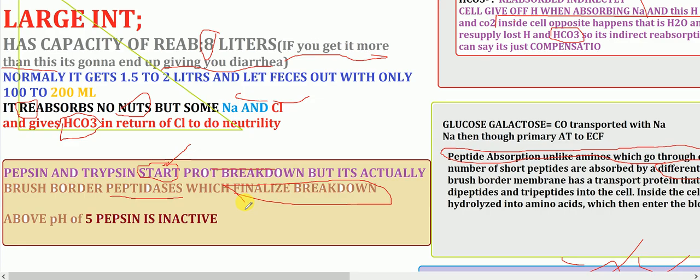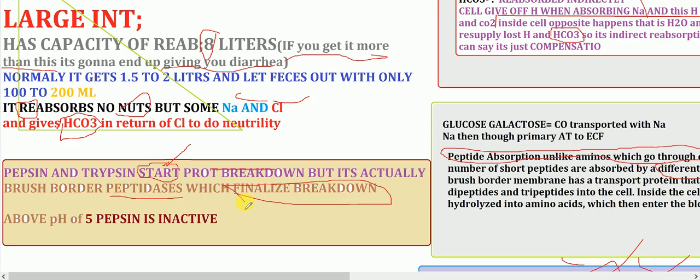Pepsin comes from the stomach, trypsin comes from the pancreas, and they just start the breakdown of proteins. But the final breakdown, getting proteins into an absorbable form, happens at the brush border, controlled by brush border enzymes. So trypsin and pepsin just started, but the final micro-level breakdown happens at the brush border.